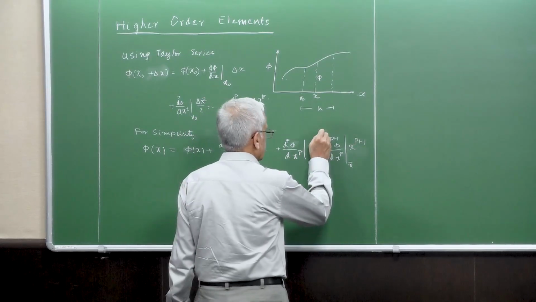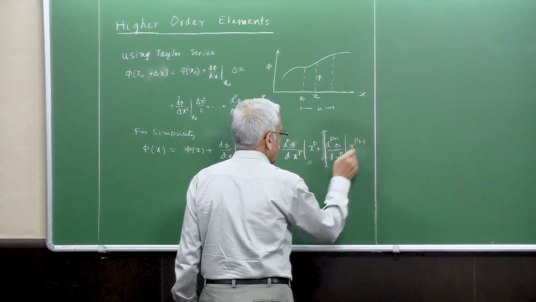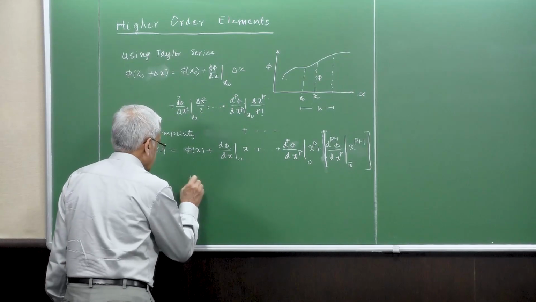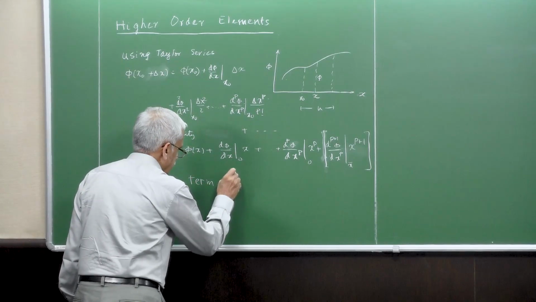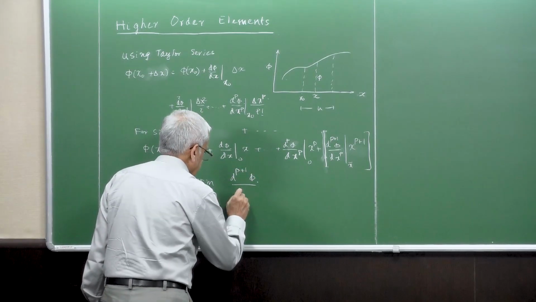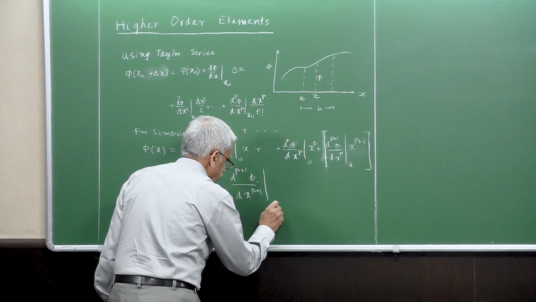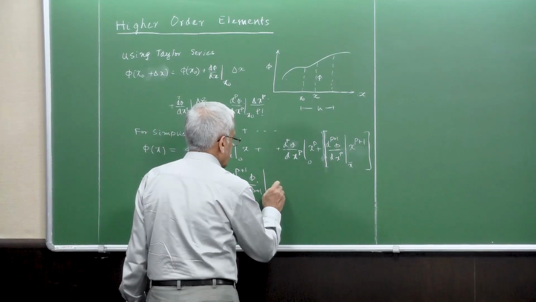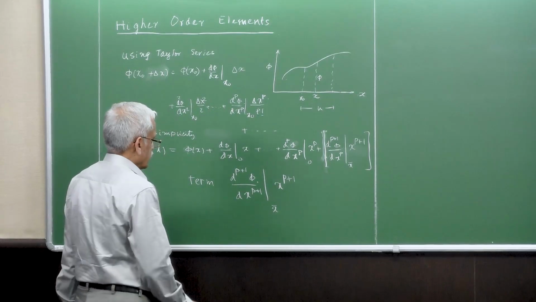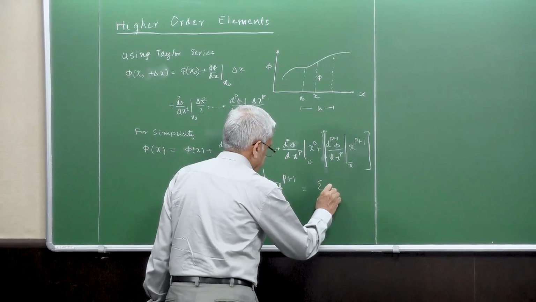That term, x to the power of p plus 1, is the p plus 1th derivative evaluated at x bar. I'll just tell you what that is. It can be represented as error.